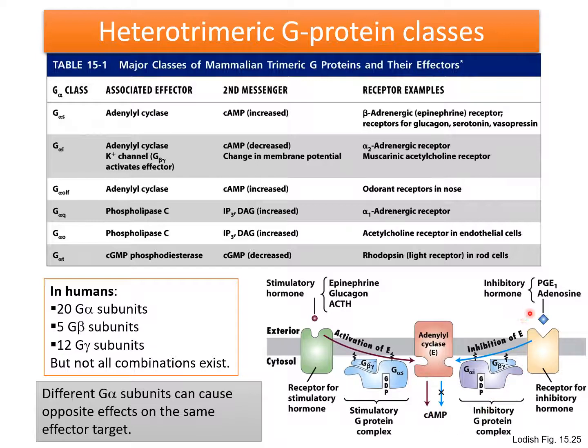But if we have a response such as with prostaglandin 1 and adenosine, which is inhibitory, it's going to activate G alpha I, so this would be bound to GTP, and then it'll bind to adenylyl cyclase. This will decrease cyclic AMP generation. And over here for stimulatory hormone examples, you have epinephrine, glucagon, and ACTH. Sometimes he'll ask questions about which ones are stimulatory and which ones are inhibitory.